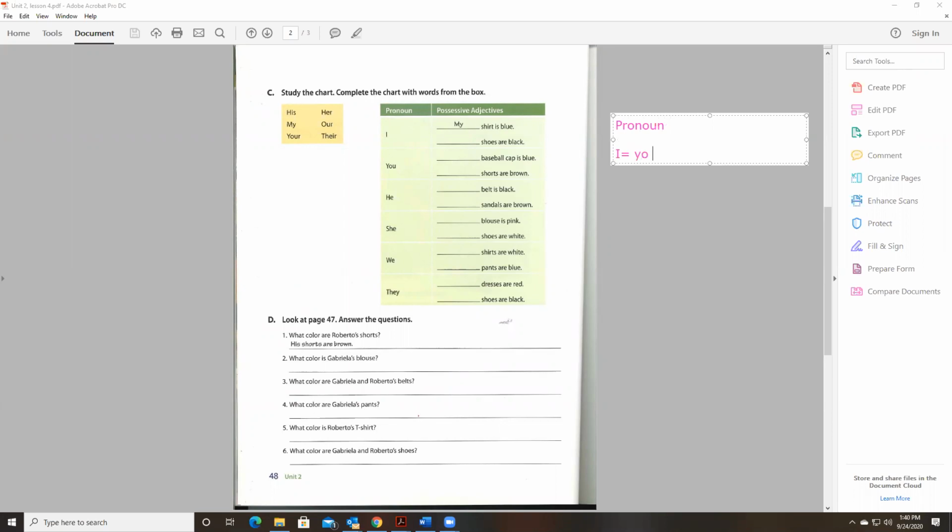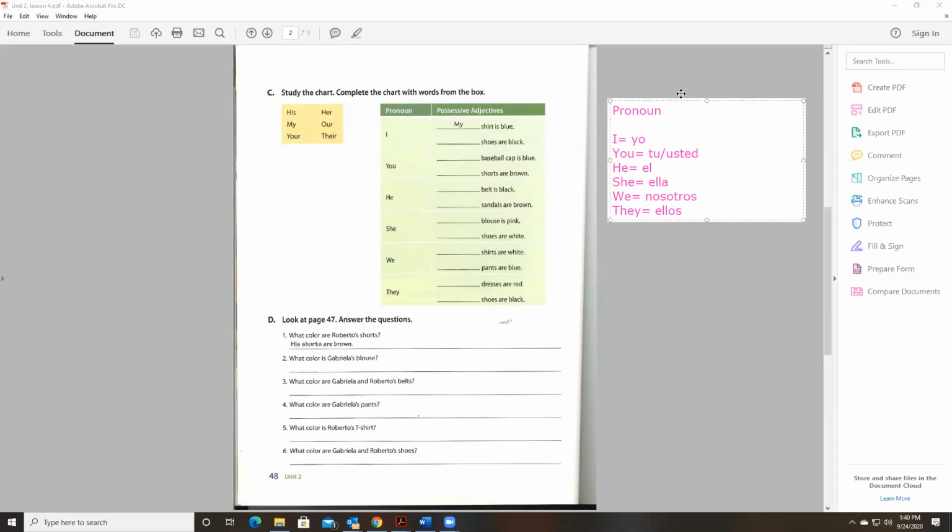I is yo, you, tú, usted, he, es, él, she, ella, we, es nosotros, they es ellos.